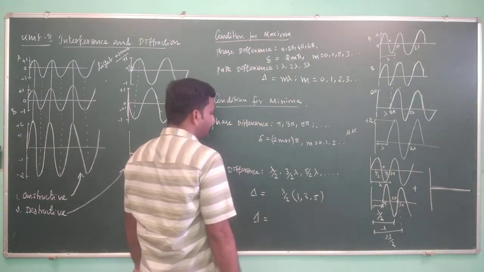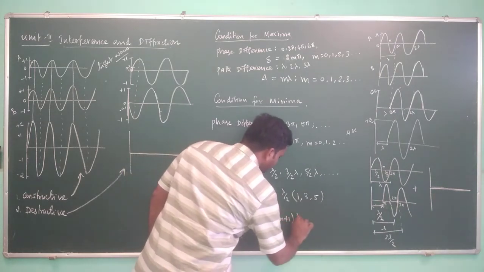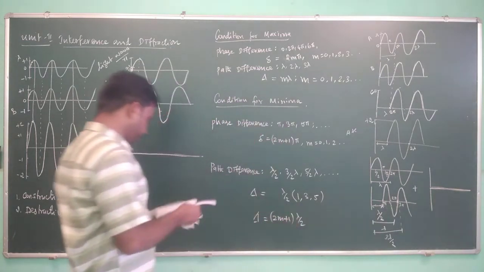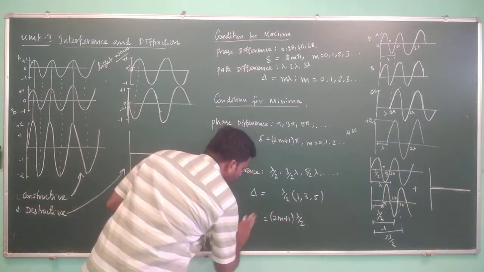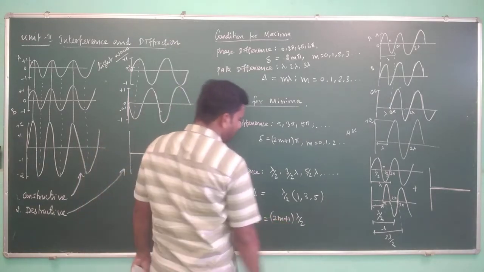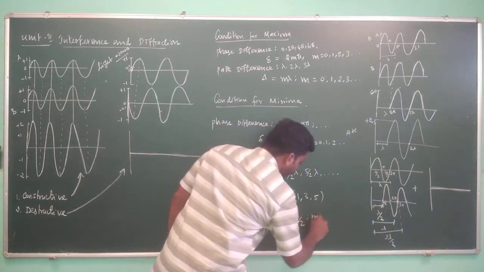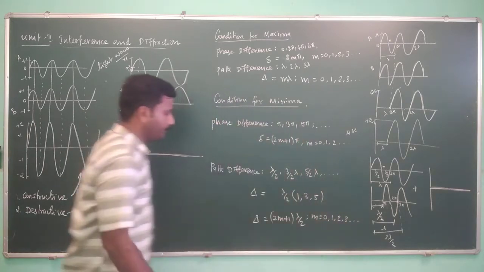If you want to have 1, 3, 5, then 2m plus 1 lambda by 2. So this happens when the path difference is 2m plus 1 lambda by 2, where m equals 0, 1, 2, 3 and so on.